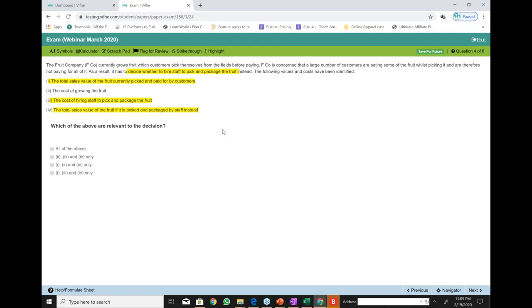So the sales value currently for the fruits that are picked by customers is relevant, the sales value when the staff will pick, and the cost of the staff. So the answer is 1, 3 and 4 are the relevant costs. D is the answer. Getting my point, guys?